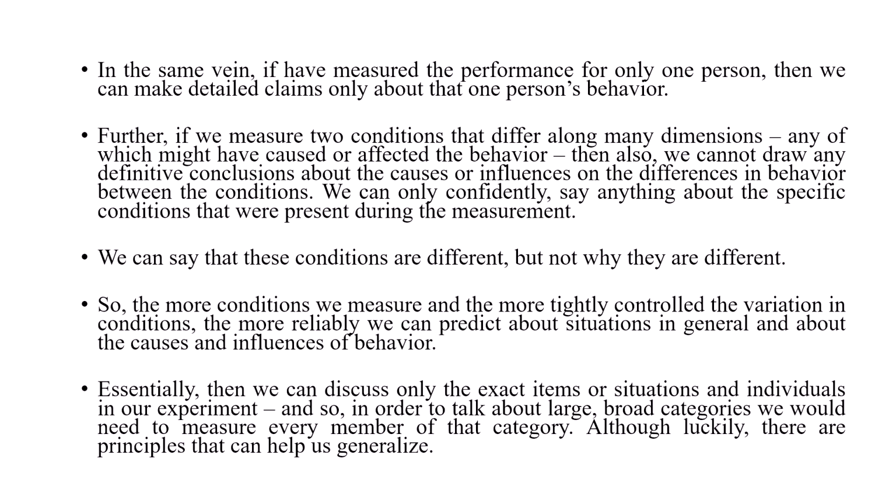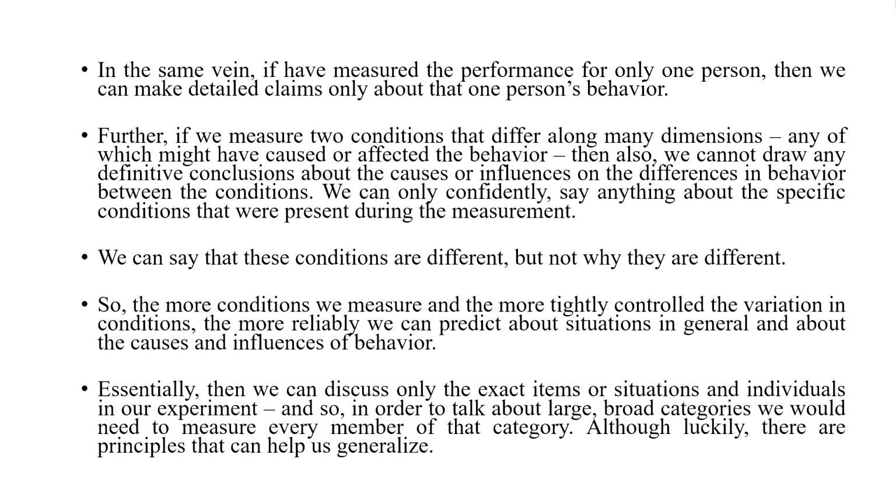So if we measure two conditions that differ along several dimensions, any of which might have caused or affected the change in the dependent variable, then it will be difficult for us to draw any definitive conclusions about the causes or the influences on the differences in the DV.